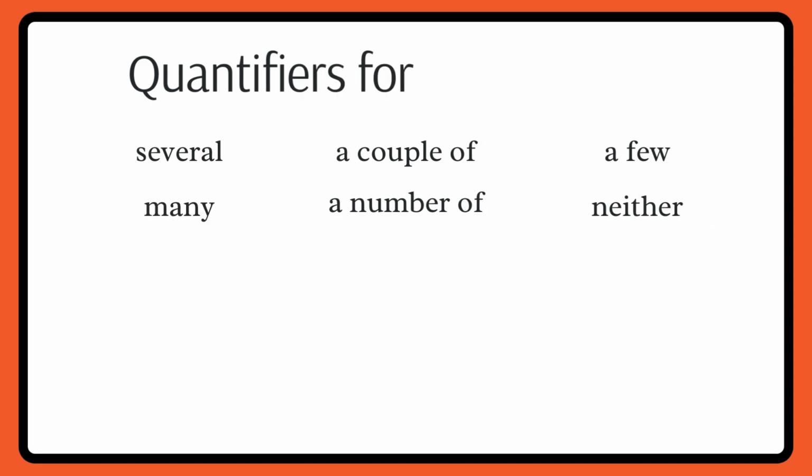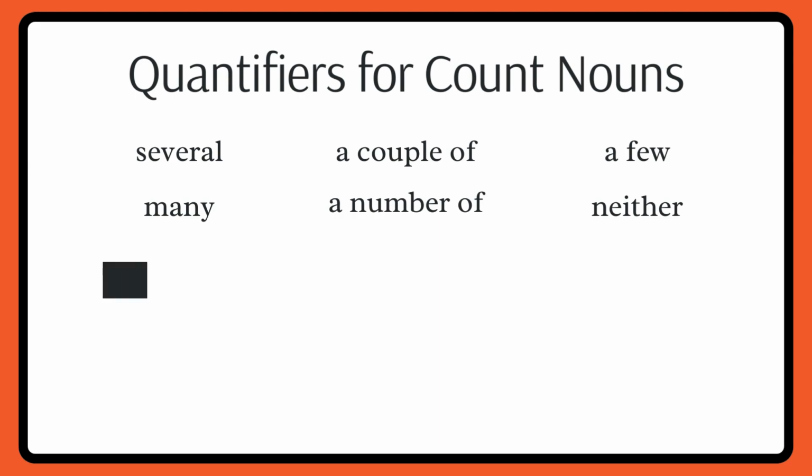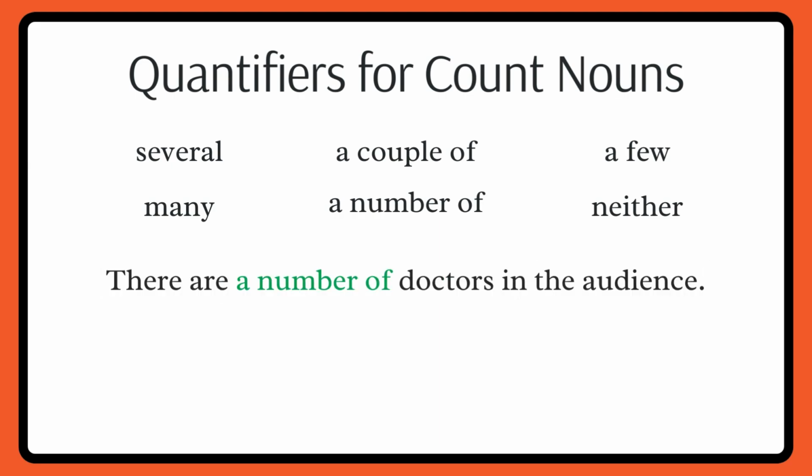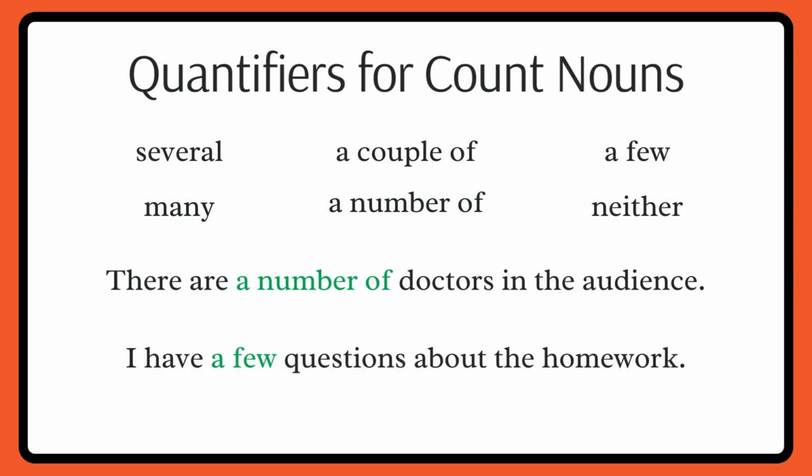Here are some quantifiers that we use only with count nouns: several, many, a couple of, a number of, a few, neither, both. For example, there are a number of doctors in the audience. I have a few questions about the homework assignment.